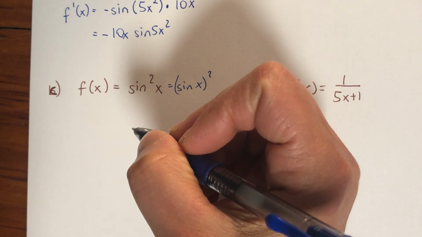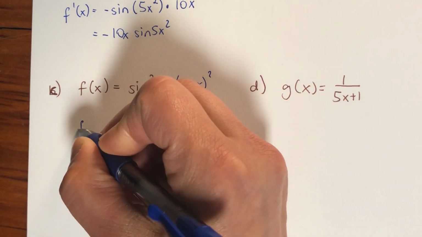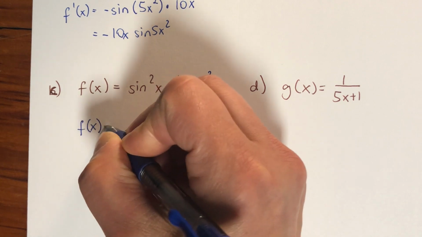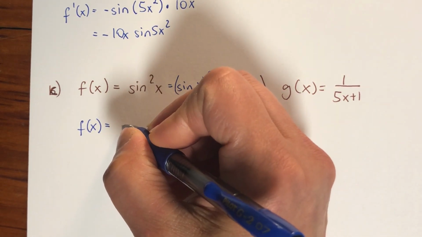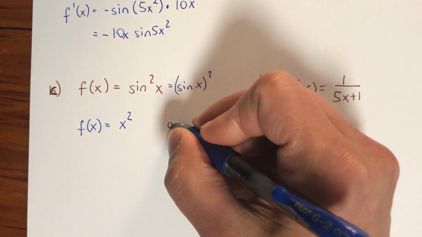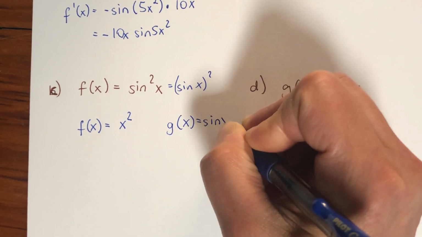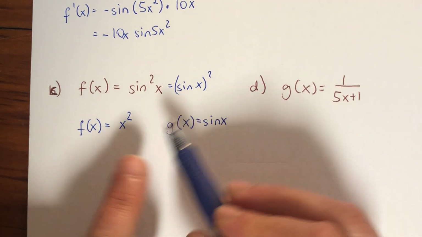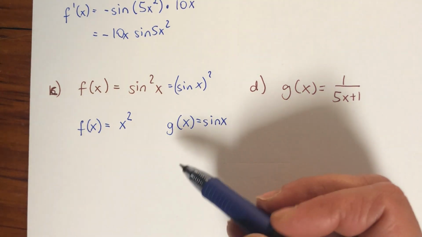I am going to say that my function f of x is going to be x squared, and my g of x is going to be sine of x. So if I plug this inside this one, I would have sine of x squared.